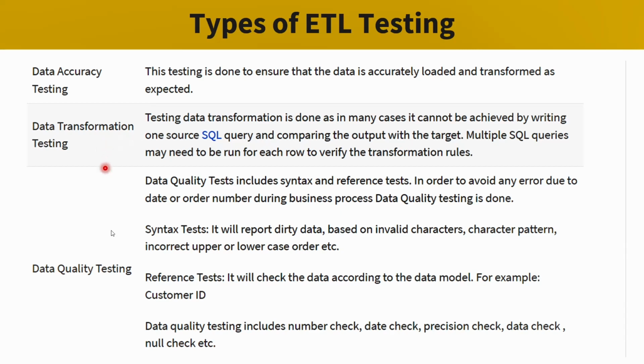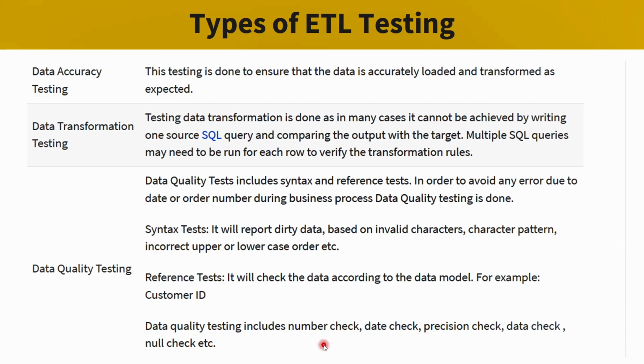Now let's talk about data quality testing. In this type of ETL testing, we check the data according to the data model. For example, the customer ID. The quality testing includes, as a real-time example, the number check, the date check, precision check, and null checks.